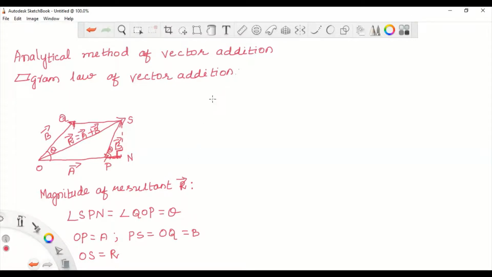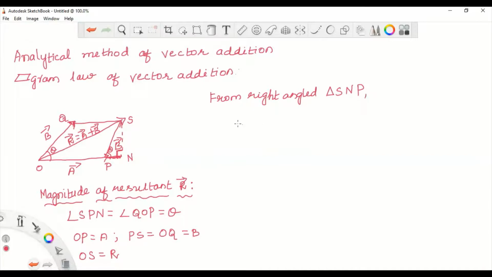Now in order to find the magnitude of the resultant R, we are going to consider the right angled triangle SNP.